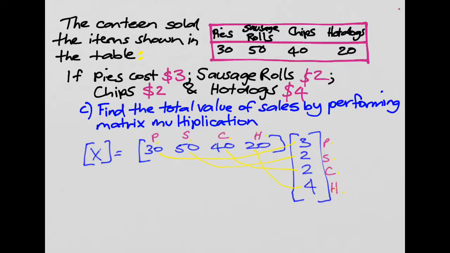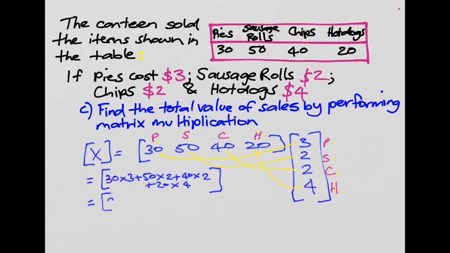It's got to be the chips times chips. They're completely separate items. So multiplying that out, we have 30 times 3 plus 50 times 2 plus 40 times 2 plus 20 times 4.